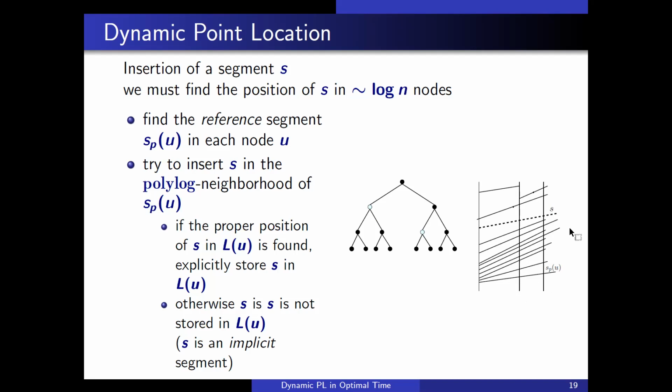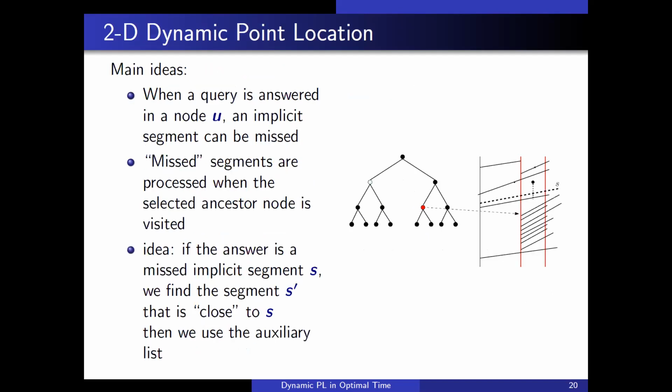So that's what I meant when I said that the list of segments is incomplete. Now, there is of course a problem, because when I answer a query Q in this slab, this segment S, which is an implicit segment, will be just missed.